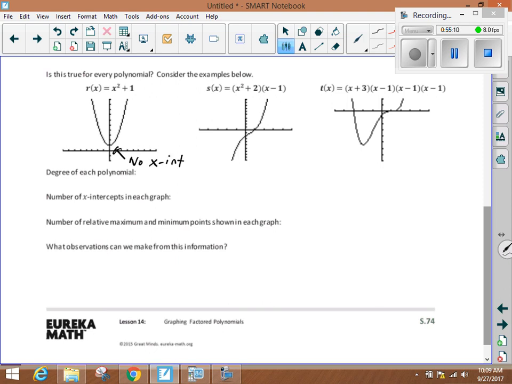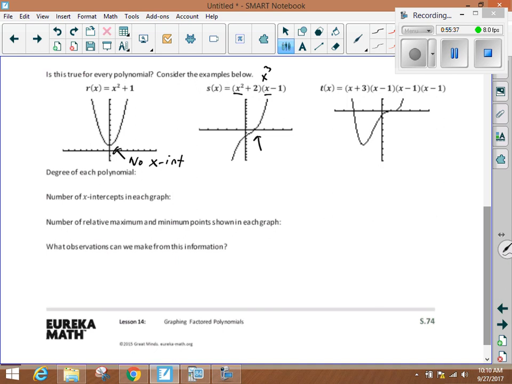So that's why I say at most. This particular one has only one x-intercept, but we would expect, since this is a third degree polynomial, 1, 2, 3. If we were to multiply that out, we would wind up with an x to the third. But we would expect this to have 2 x-intercepts.